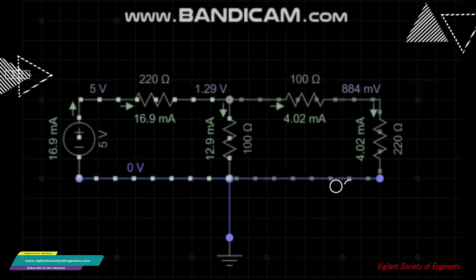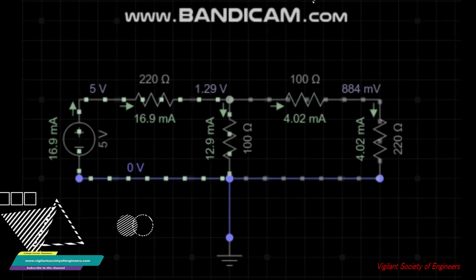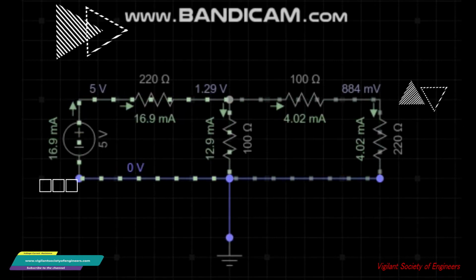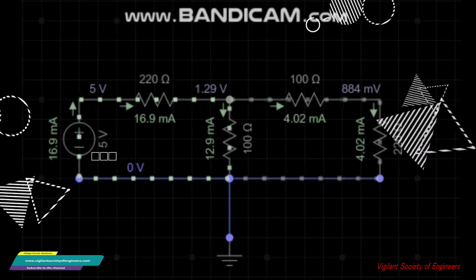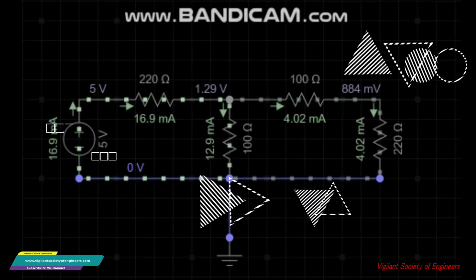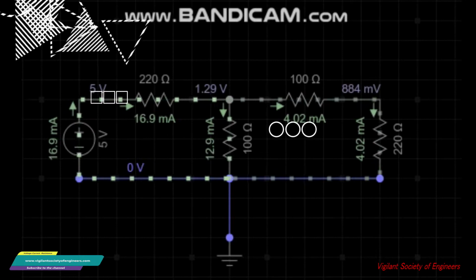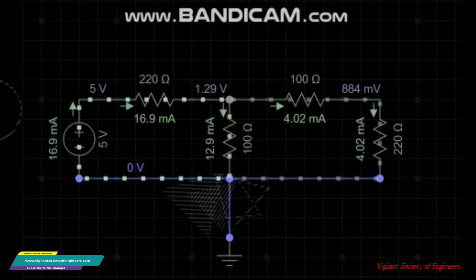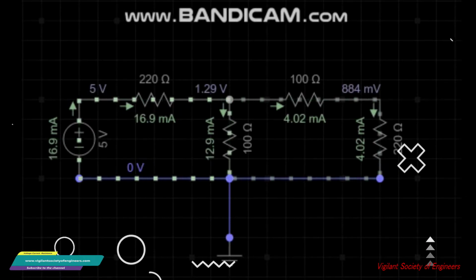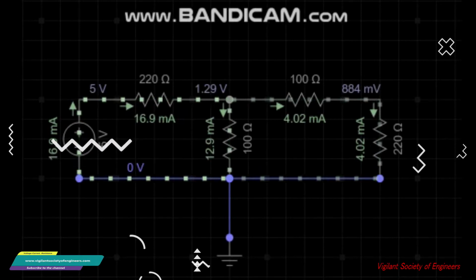All right. Then when it goes to the parallel side, what we observe is that the current slows down. This tells us that the majority of the current will flow into the 100 ohms resistor, and as measured it is roughly 12.9.